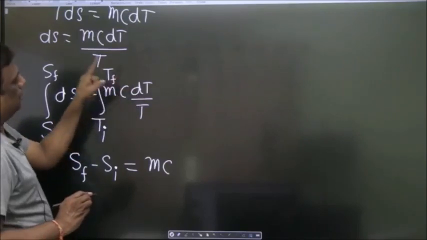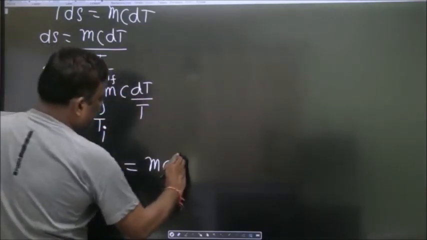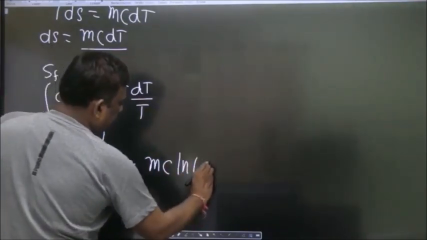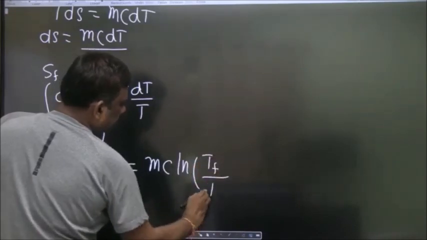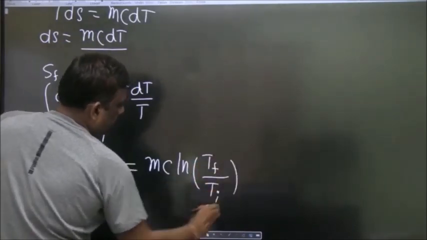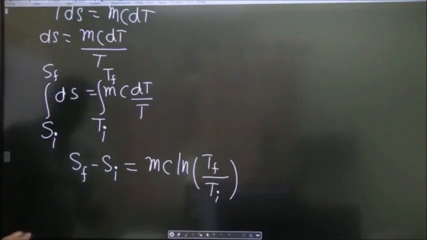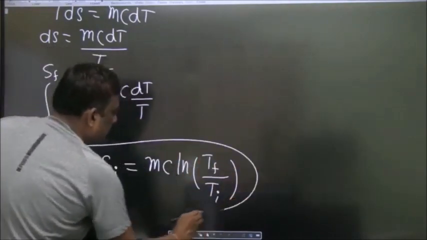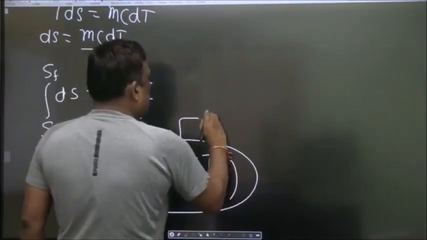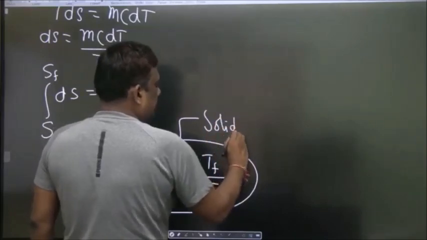If the specific heat is a function of temperature, you cannot take it out. What is the integral of dT by T? It is log T, log TF minus log TI, so it will be log TF by TI. And this is the equation of entropy change for solids and liquids.